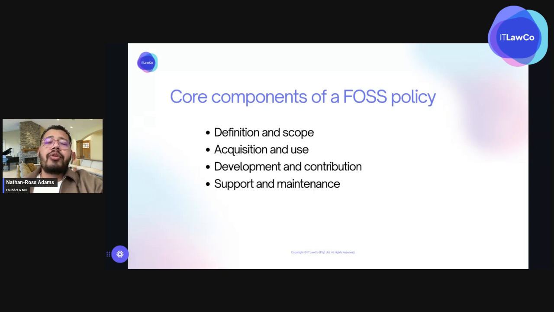And because of that risk that is inherent to FOSS, and the fact that it's so easy to access, easy to use, easy to download, organizations need to be very clear that it applies to everyone if that is the case, or to just a specific group of people.